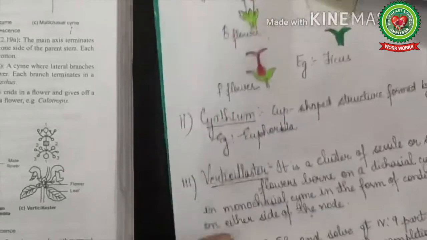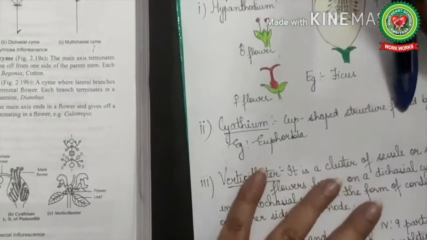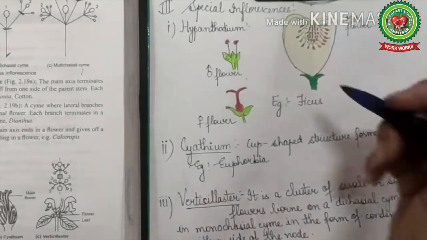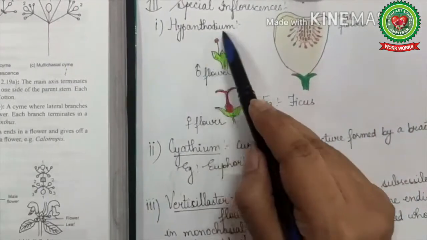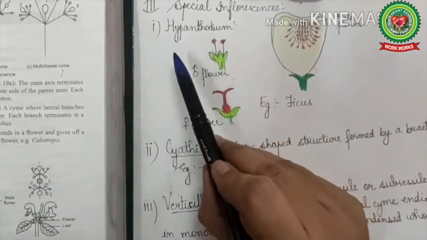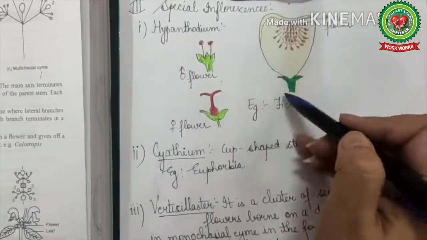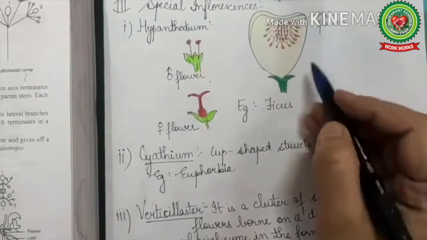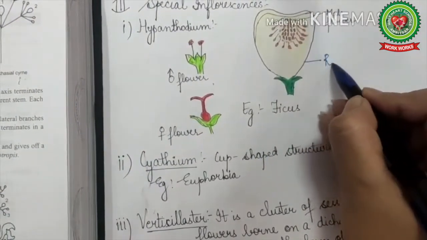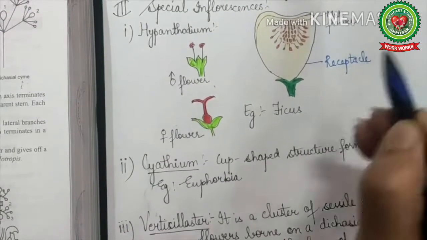Now we'll continue ahead. We'll discuss the special types of inflorescence. In special inflorescence, we have three basic types. One is hypanthodium. In this, the main axis forms a cup-shaped structure, which we can easily see here. And this cup-shaped structure is called the receptacle. The other name of receptacle is thalamus.